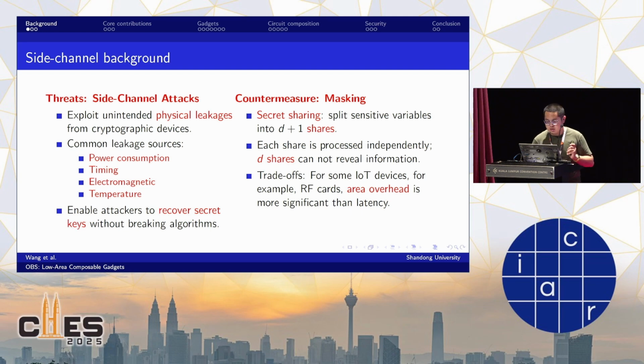A sensitive value is split into shares and processed independently, so that observing fewer than all the shares implies no information. In various resource-constrained use cases, such as IoT cards and NFC cards, the area overhead introduced by masking is often more critical than the latency. Therefore, our research focuses on area-efficient solutions.